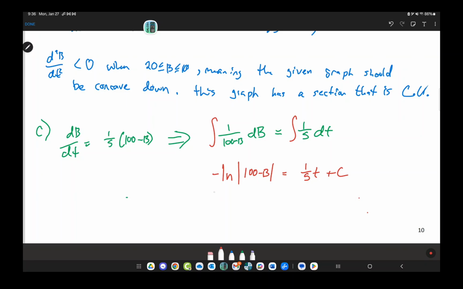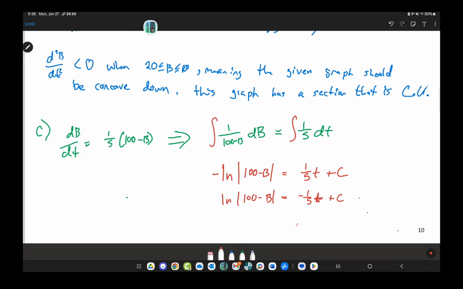Now, to make it a bit easier, what would you do to the negative? So we get the natural log of 100 minus b equals negative 1/5 t plus c, because it really doesn't make a difference what you do to the c.